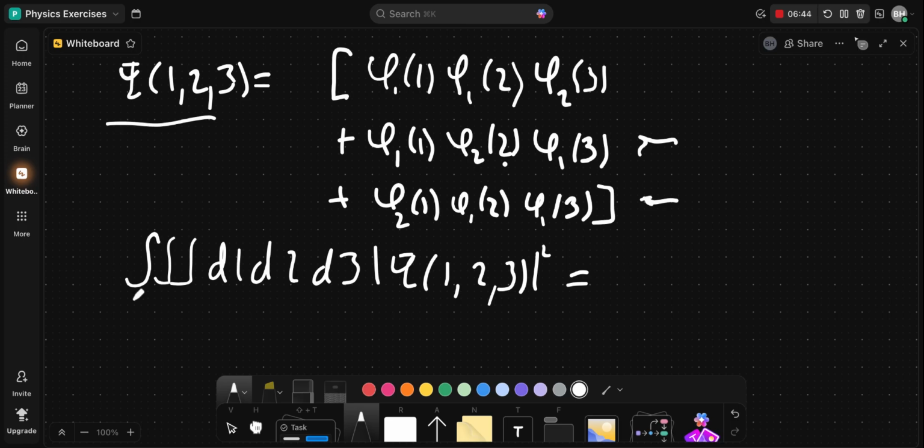Let me multiply this by a normalization constant n, some real number, and we are after determining n. So we do need to do this. We see that psi has 3 terms. So this is psi.